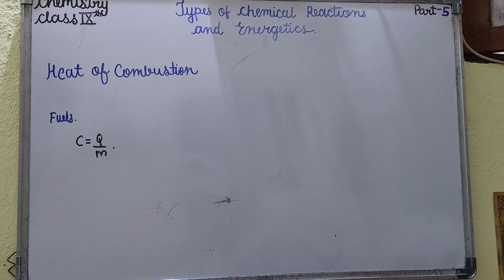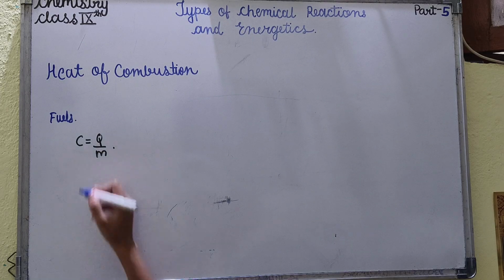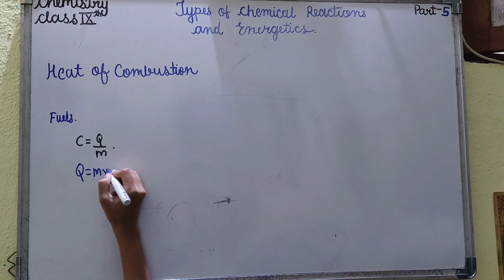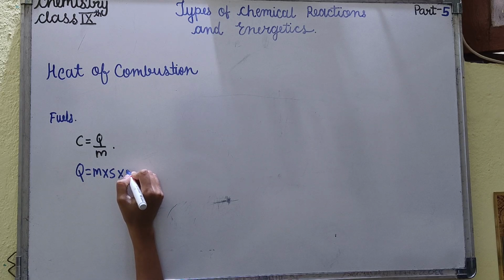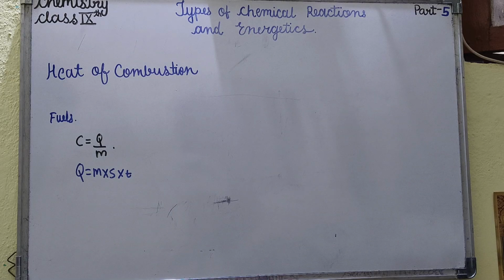The heat thus produced is allowed to heat a known mass of water, M. The rise in temperature of water is noted, T. The heat is then calculated by using the relation Q is equal to M into S into T, where Q is the heat produced, M is the mass of water, S is the specific heat of water and T is the rise in temperature of water.